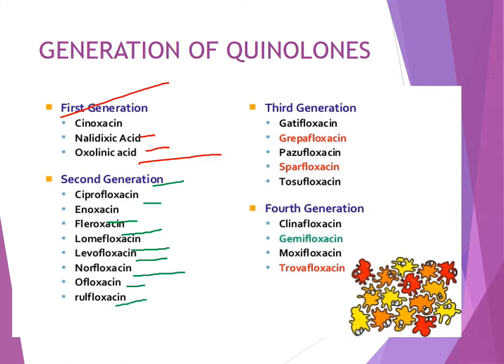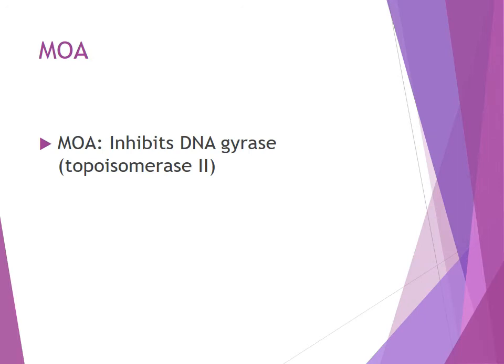For our third generation, we have your gatifloxacin, grepafloxacin, pazufloxacin, sparfloxacin, and tosufloxacin. For our fourth generation, we have your clinafloxacin, gemifloxacin, moxifloxacin, and trovafloxacin. Again, our quinolones are divided into 4 generations.